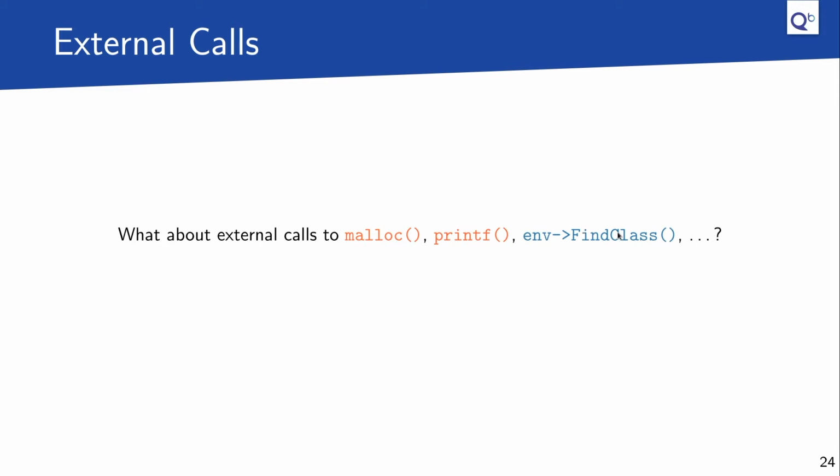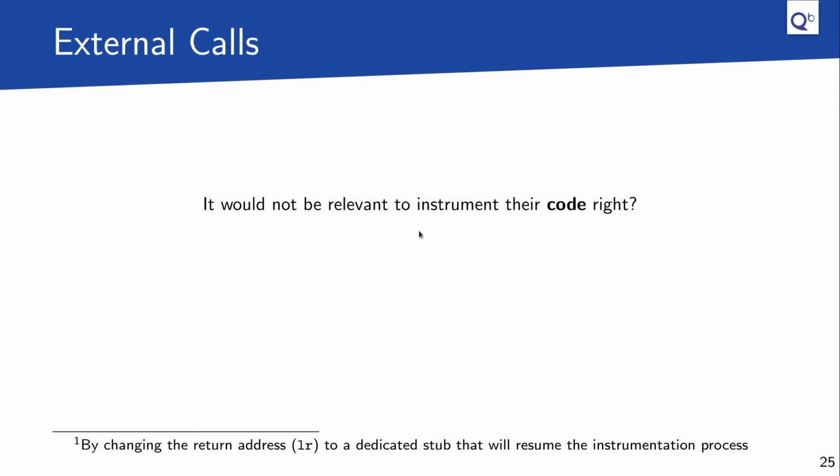Also, in Android applications, you can have functions that use JNI, which are basically functions that make a bridge between native code and Java code. And you don't necessarily want to trace these instructions, because you know the behavior of malloc. Malloc is allocating a buffer, so you don't necessarily want to trace these functions.